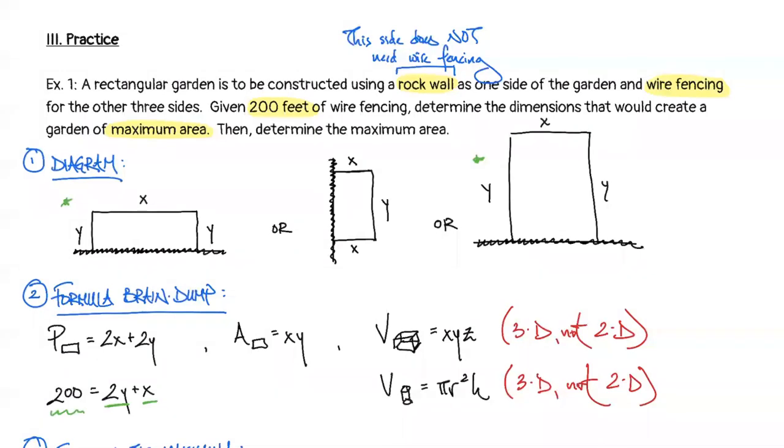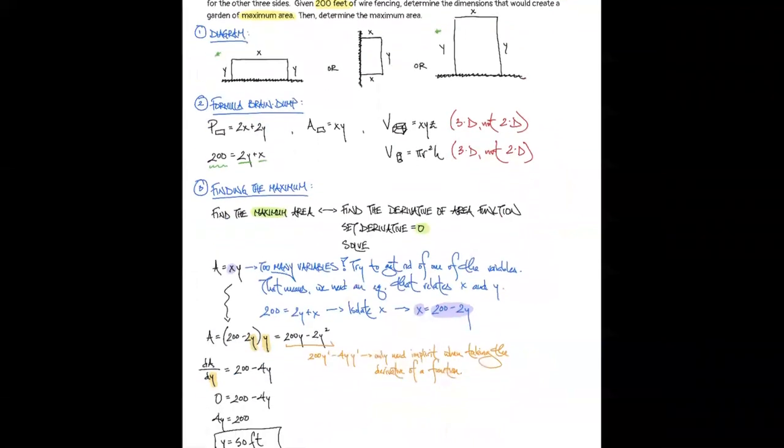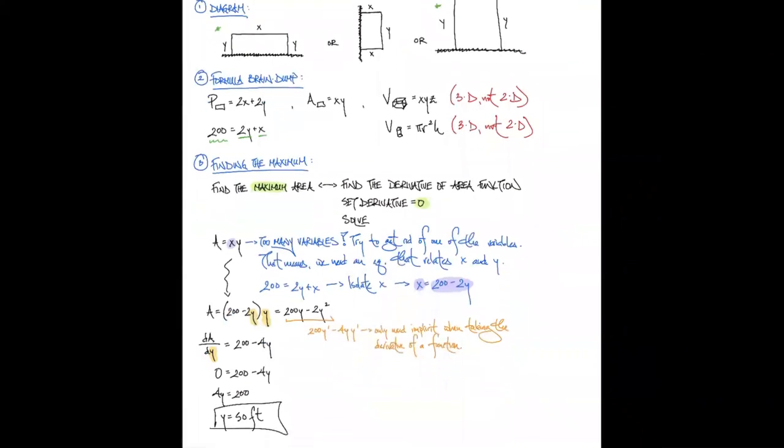I have the y value, but now I need to find the x in order to have the dimensions. So looking at what we have so far, how can I find x?